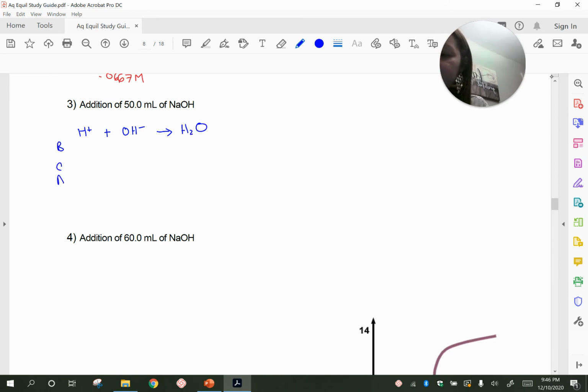I'm going to write an ICE table. So my HCl is still 0.005 moles. I am now adding 50 mLs of, excuse me, the NaOH. So let's figure out how many moles that is. So 0.05 liters, and we said it was 0.1 molar. And so that's 0.005 moles.